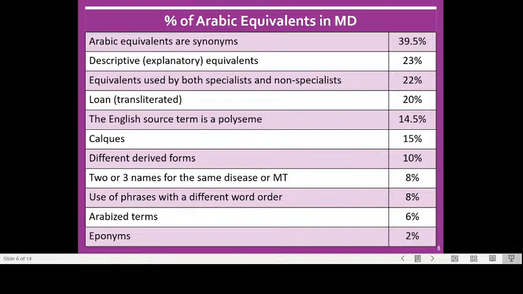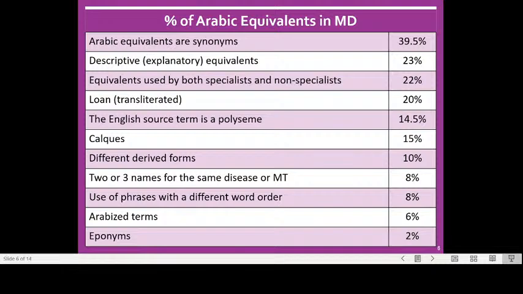In 23%, the equivalents were descriptive equivalents or explanatory equivalents. In 22%, the equivalents used by both specialists and non-specialists were used. In 20%, the equivalents were loan words or transliterated words. The English term, but it is written in Arabic script.